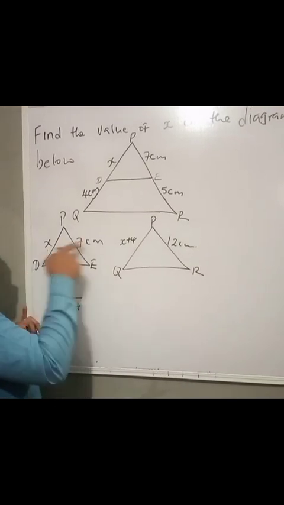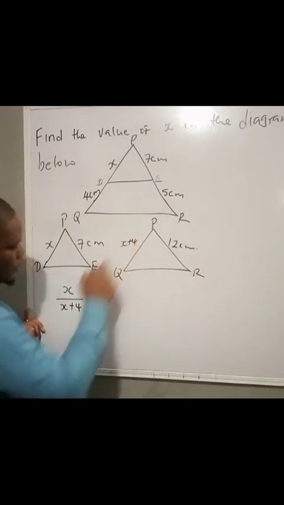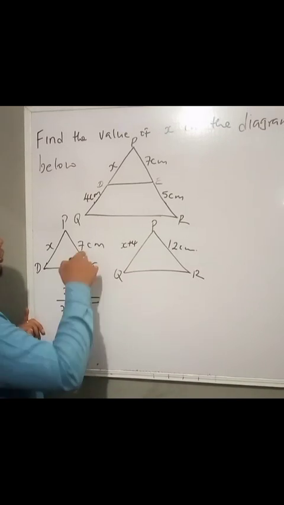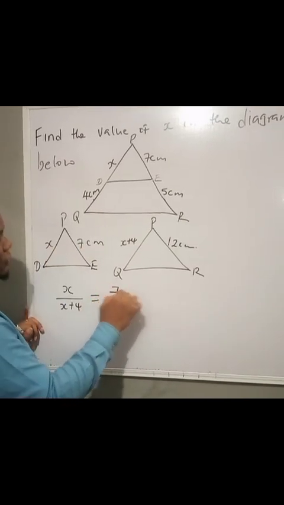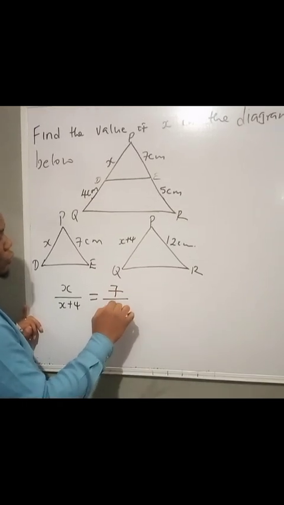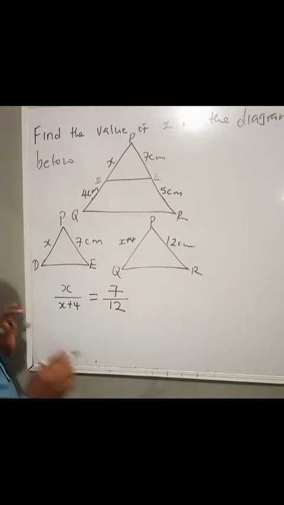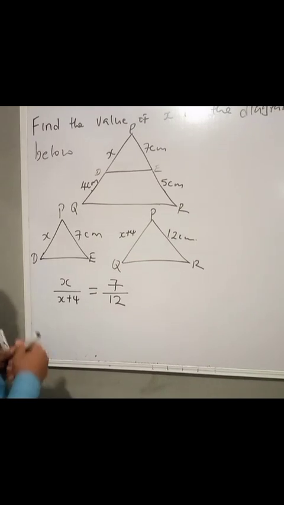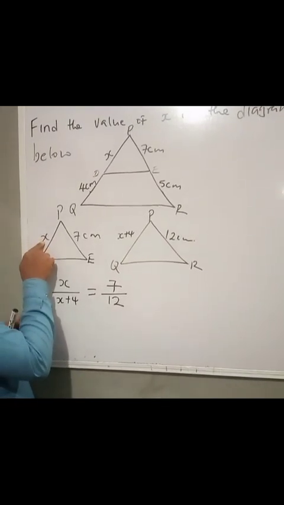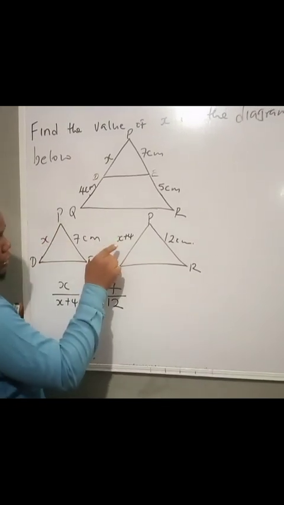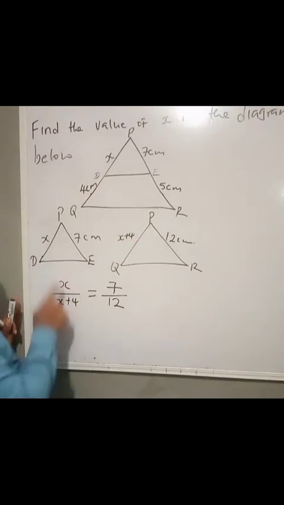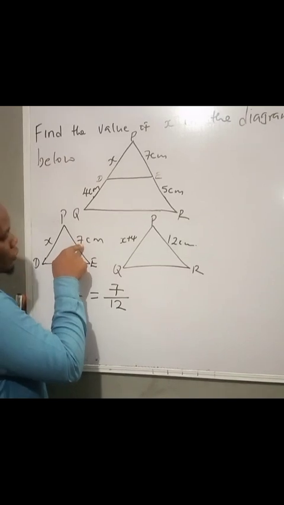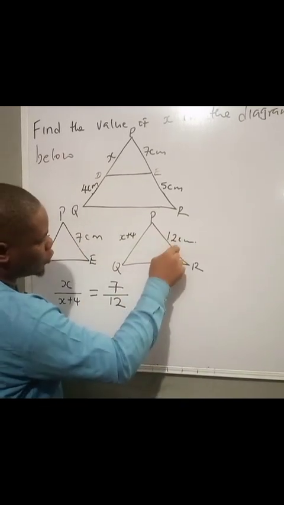I picked x all over x plus 4 is equal to, since I picked x first, I'll come to 7 all over 12. So look at the relationship again. Let me take the ratio. It is x all over x plus 4, which is on my left hand side. Then I'll come here to pick 7 all over 12.